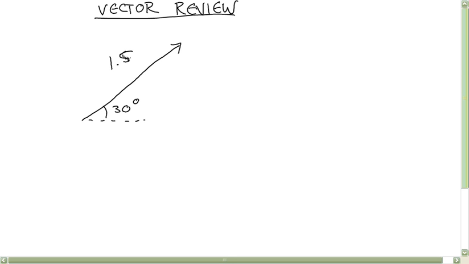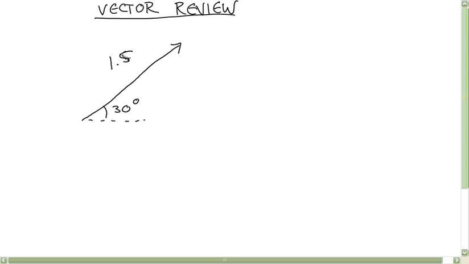And no matter who's looking at it, it's still angled at 30 degrees from the ground. It still has a length of 1.5 meters, right? So if I look at it sitting here, it looks one way. If I look at it sitting here with my head like this, it looks a different way, but it's still the same vector, right?